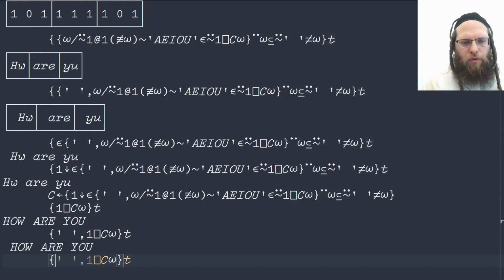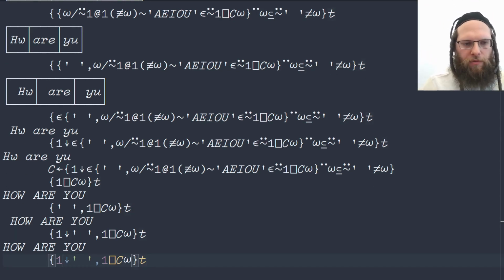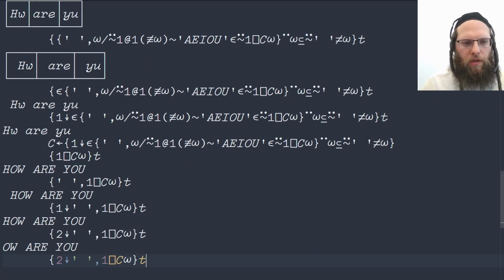Now, in order to match up the left neighbor, the letter itself, and the right neighbor, we can drop. So here's the left neighbor. The left neighbor of the H in how is that space. If we drop 1, we get the H itself, and if we drop 2, then we get the neighbor on the right.